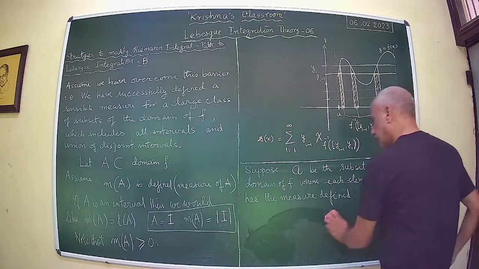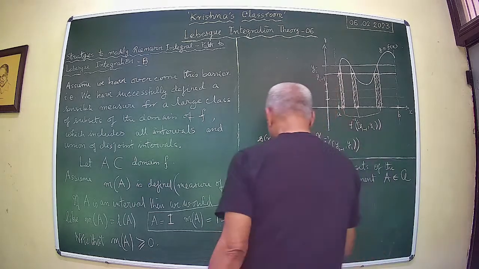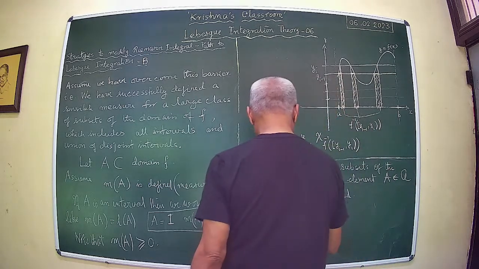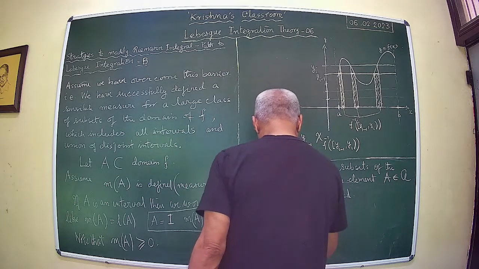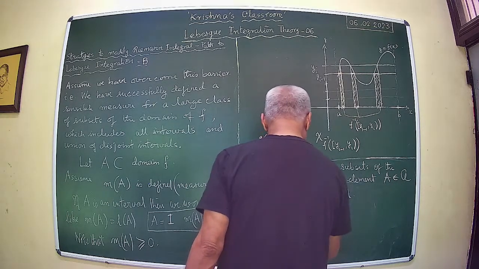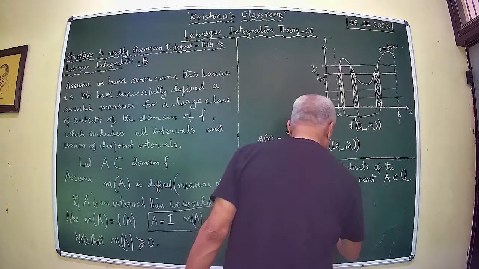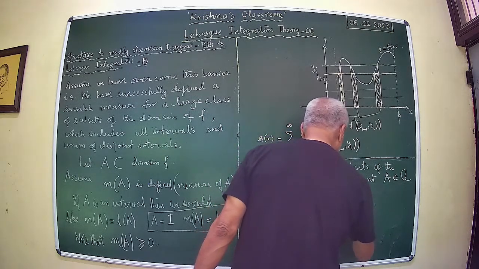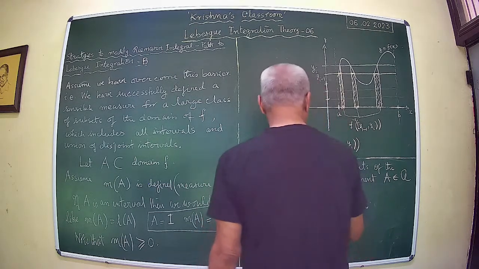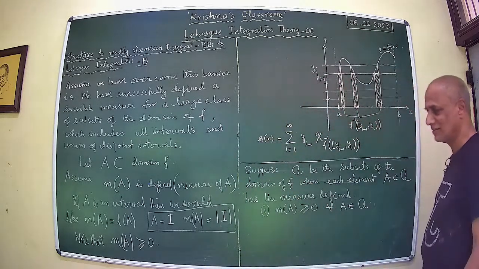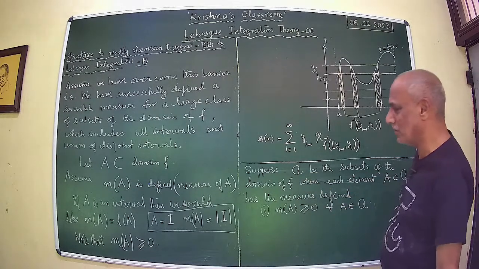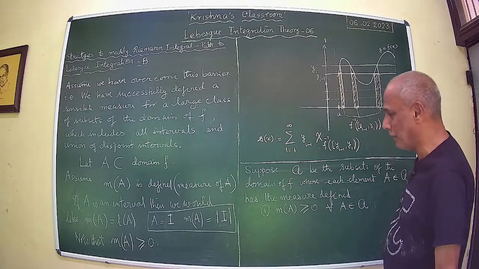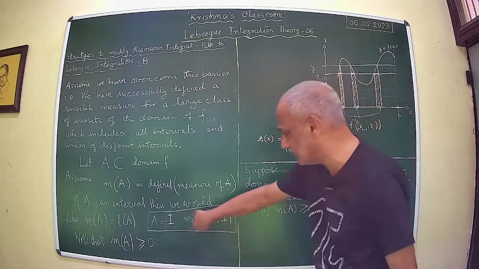Then what we have is this: 1, M of A is greater than or equal to 0. I am cautious here. I am taking the largest collection on which I can define M of A subject to the condition that this is true.